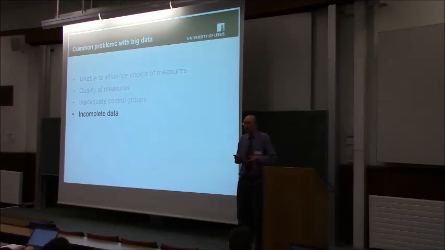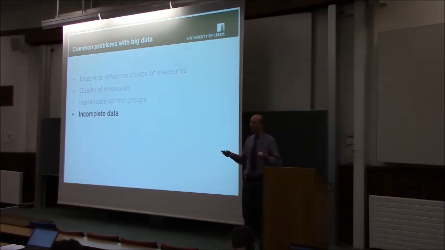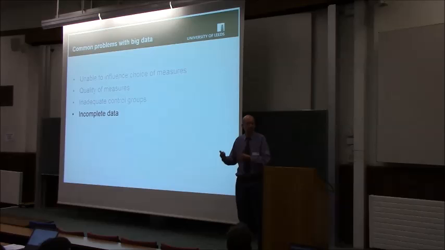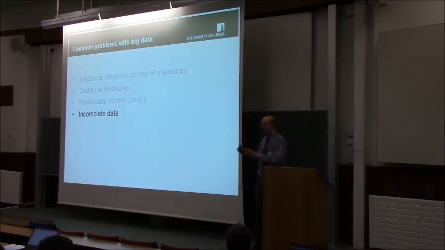A huge problem with big data is sometimes it's incomplete data. You may have questionnaire responses from lots of people, but maybe they've left bits out. Maybe certain hospitals haven't returned their cancer registrations or their hospital episode statistics, or certain groups of the population don't get included in it.